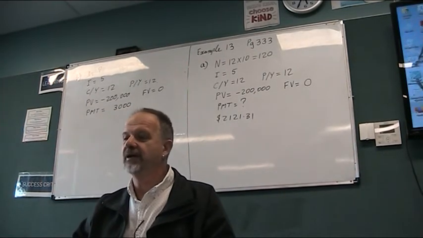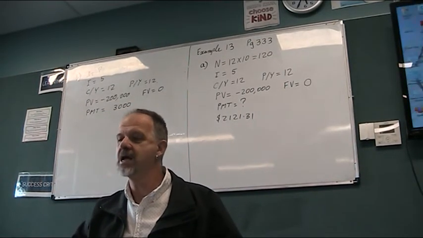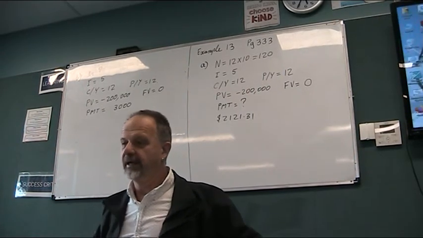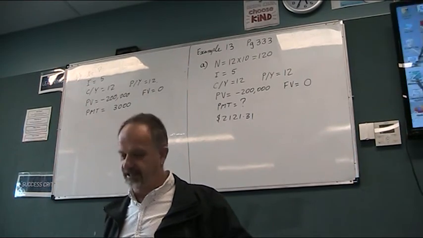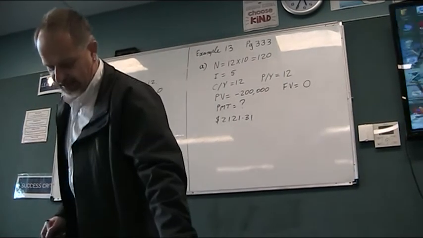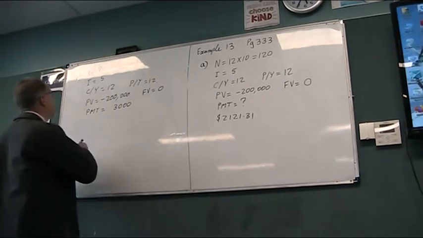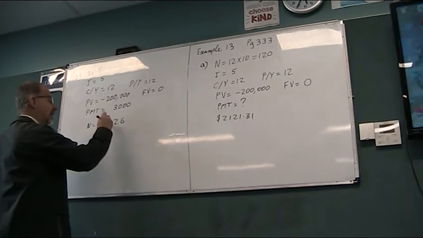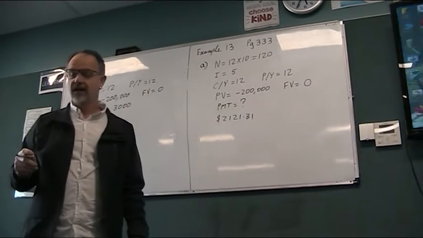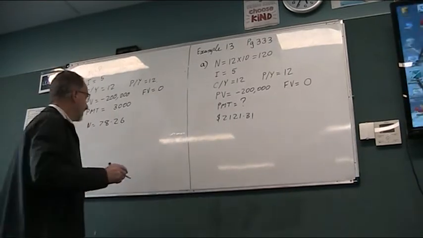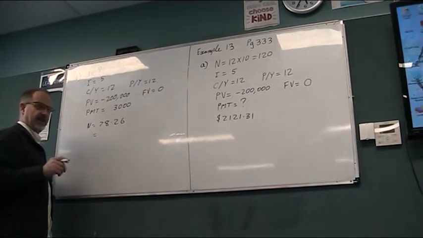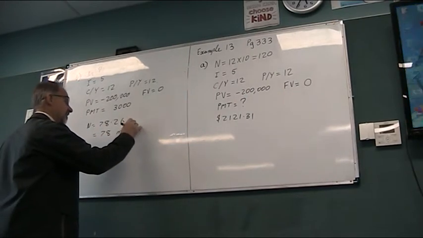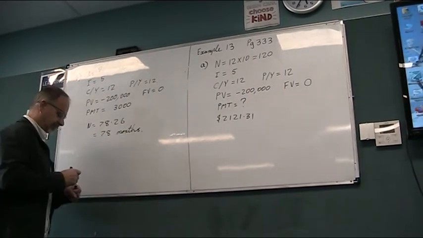And then if I just go and click on the N, 78.26, and it asks us to give our answer to the nearest month. So our answer to the nearest month would be 78 months.